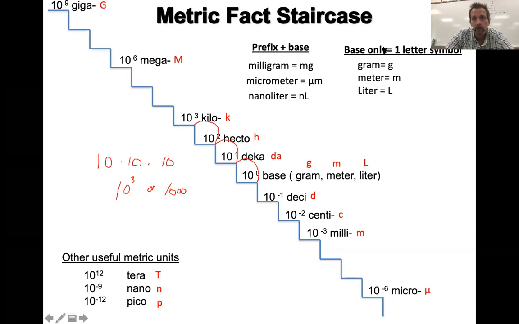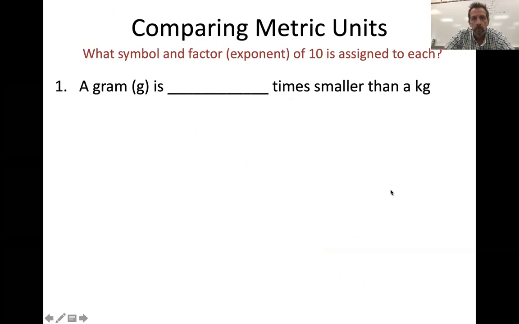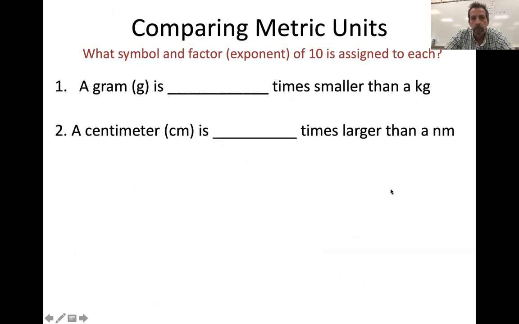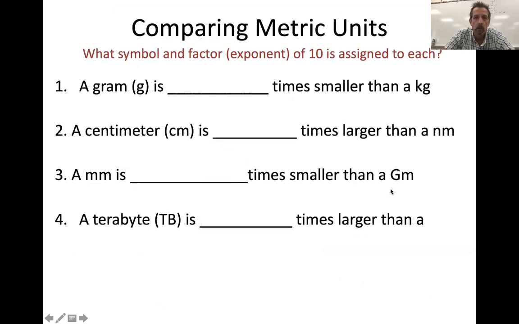So let's go back to clearing that drawing. We'll go back to the actual example that I spoke about. A gram is a certain number of times smaller than a kilogram. What we can think about is the factor of 10 that gram represents. 10 to the 0, it's the base.